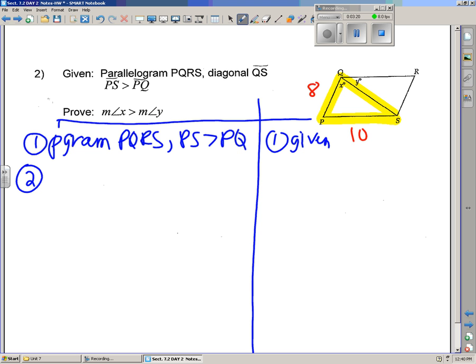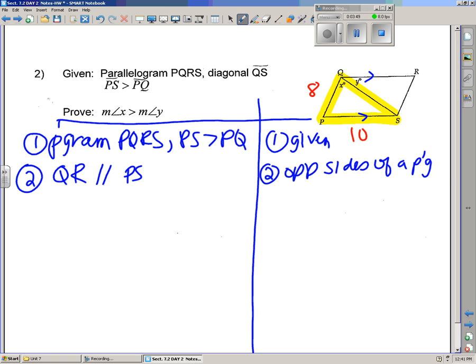And then we know, with that being the case, that the sides opposite one another, because you've got a parallelogram, have to be parallel. So basically, this line and this line are parallel because that's a property of parallelograms. So we could then say that QR is parallel to PS, and then we can say opposite sides of a p-gram are parallel.